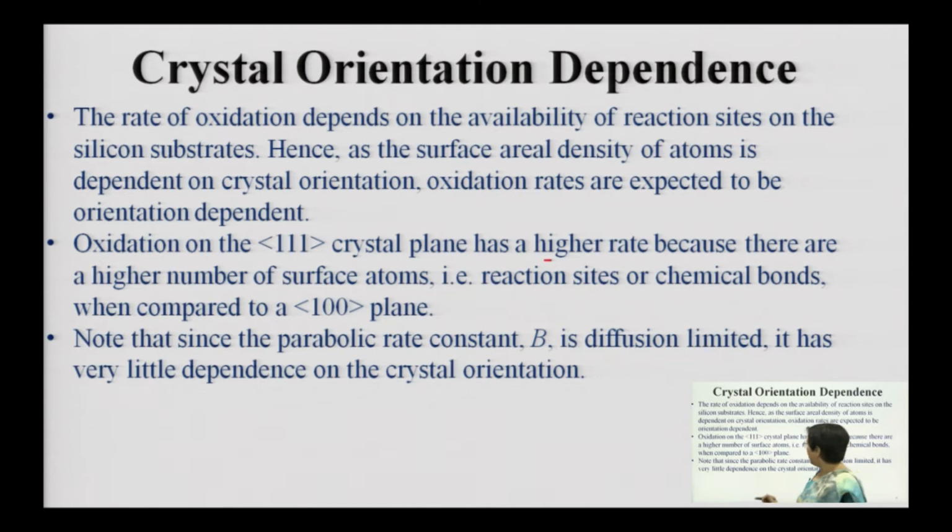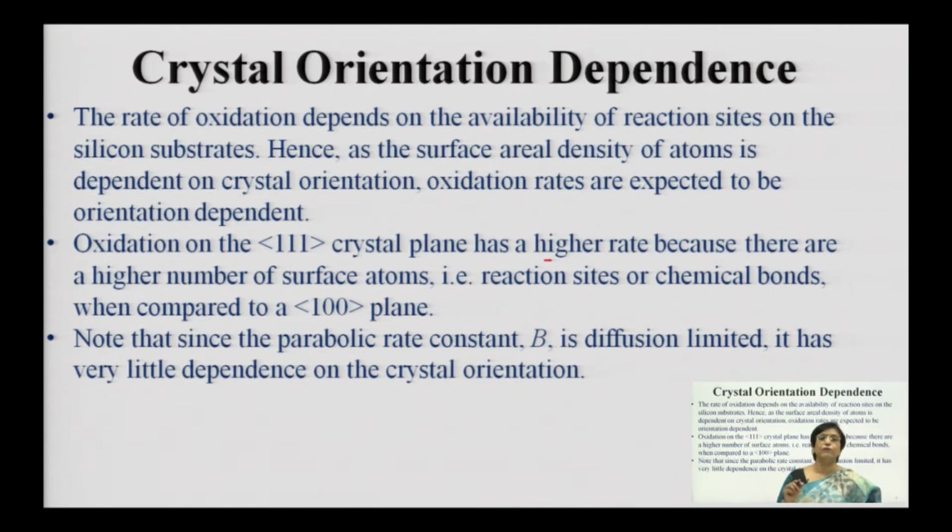Since we are already aware of the linear and parabolic rate constants, you know the oxidation will happen depending upon the number of molecules available on the surface, and this depends on what orientation the crystal is.